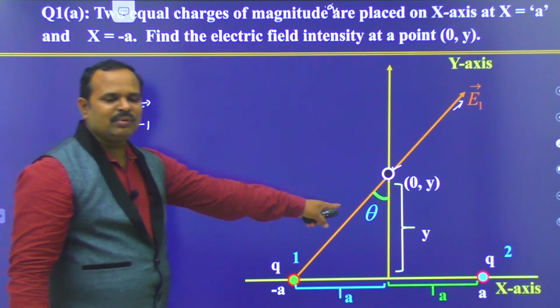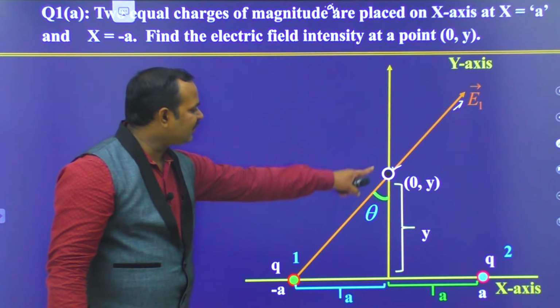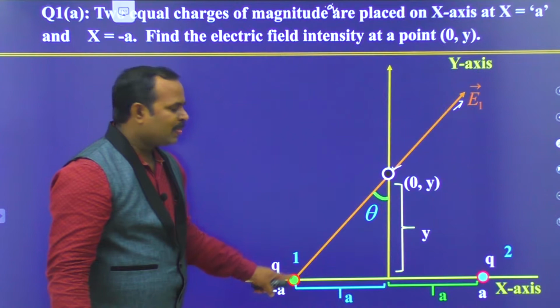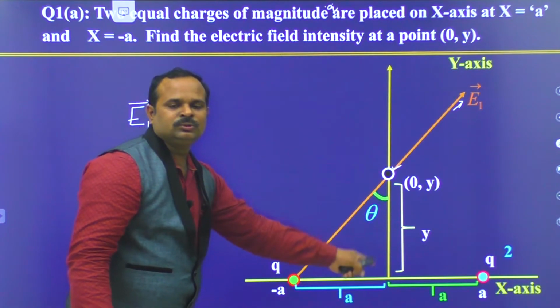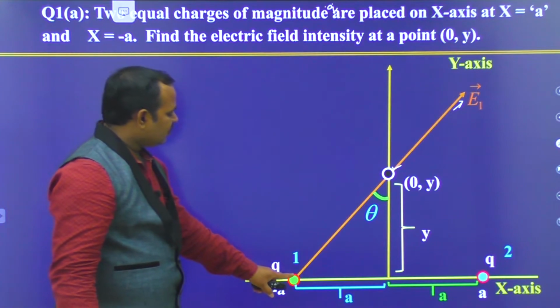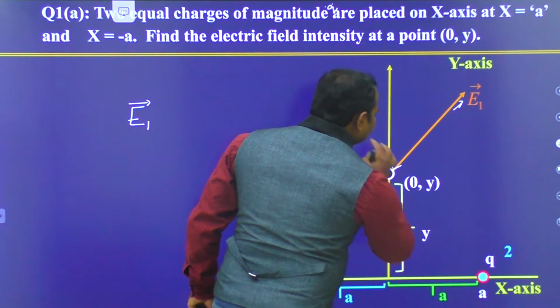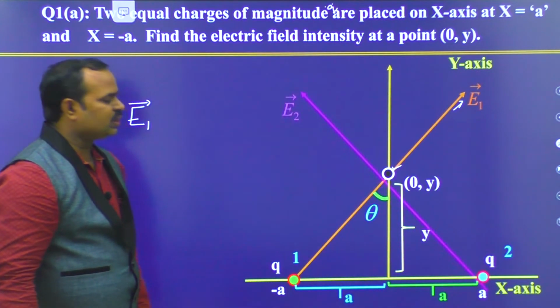Let theta be the angle between the electric field produced by charge 1 and the y-axis. Similarly, the electric field produced by charge 2 at this point is shown here.